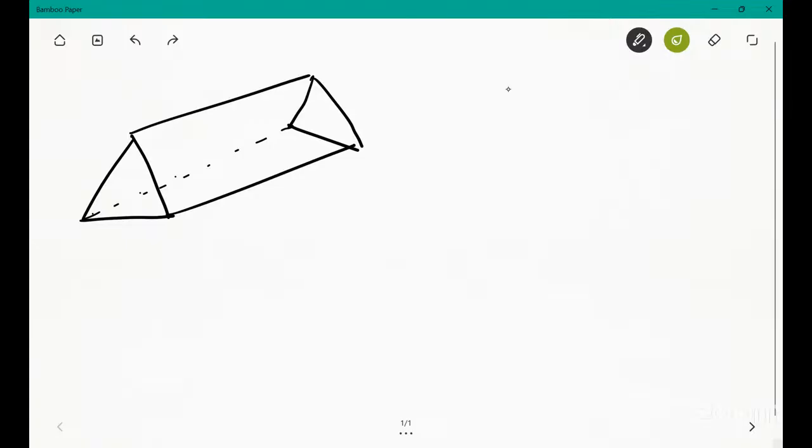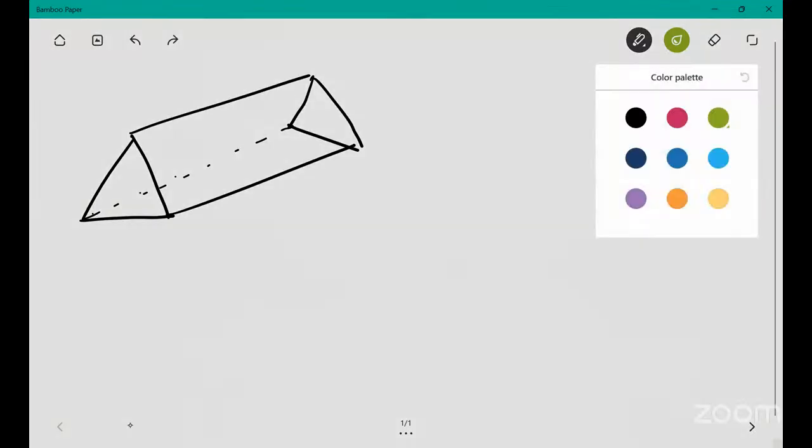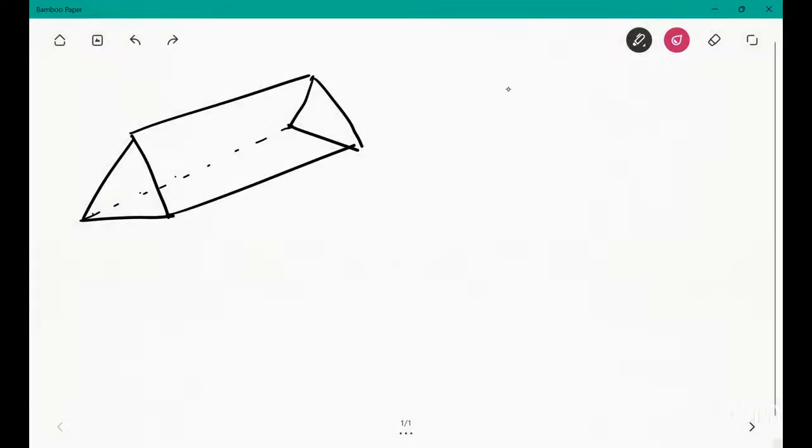So again, we've broken down the parts of the triangular prism. You already know these shapes. You know the area of a triangle, you know the area of a rectangle. So what's the area of a triangle? Half into base into height.